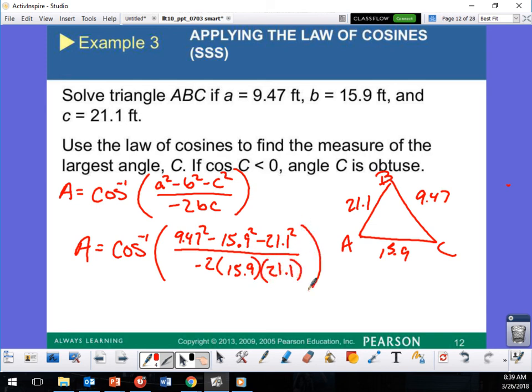Now, when you square this, please make sure that you're actually only squaring the number. Don't put the negative sign in. Your calculator is very smart. It knows the difference between a negative and a subtraction.